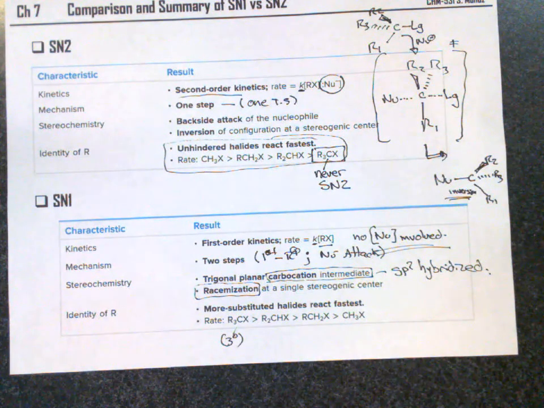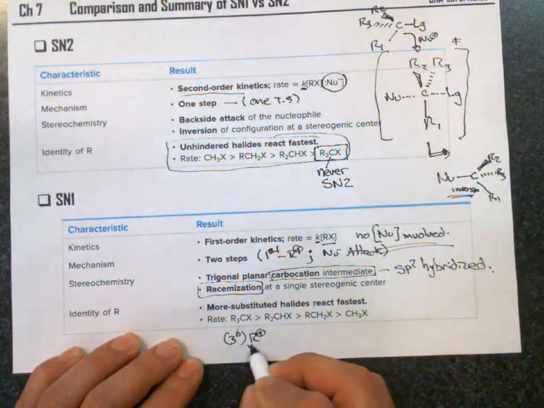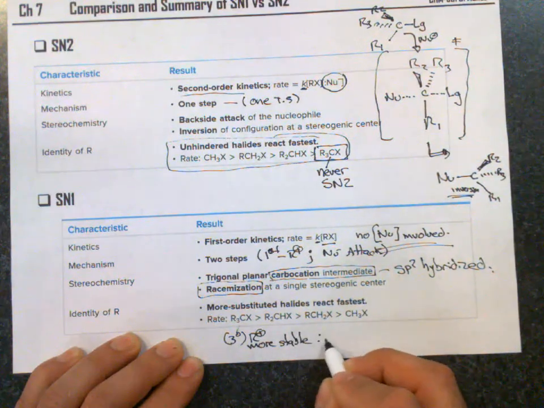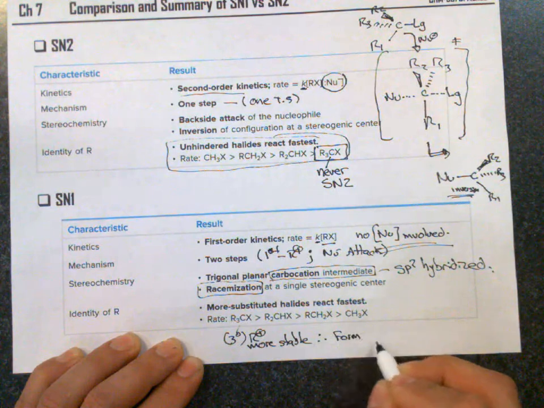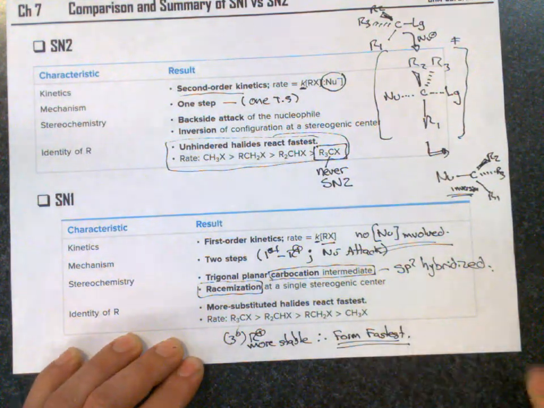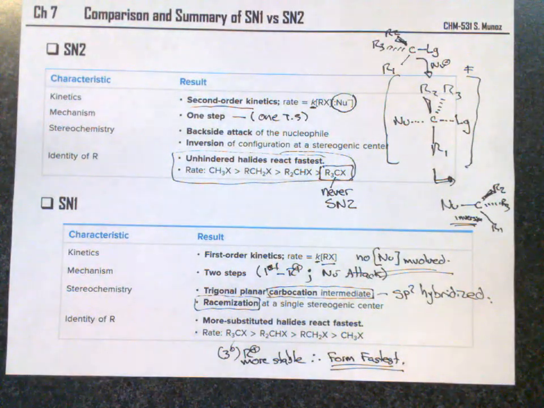We know there's going to be a carbocation, so what can you tell me about tertiary carbocations? Tertiary carbocations are more stable. This means they form the fastest. As simple as that. Any questions thus far?